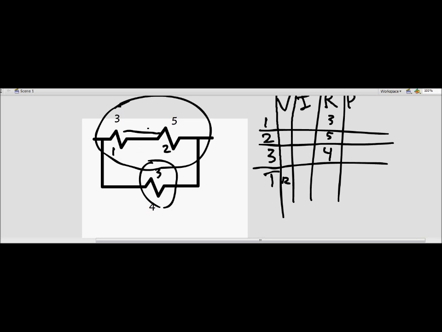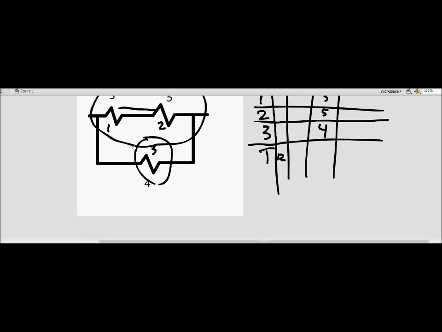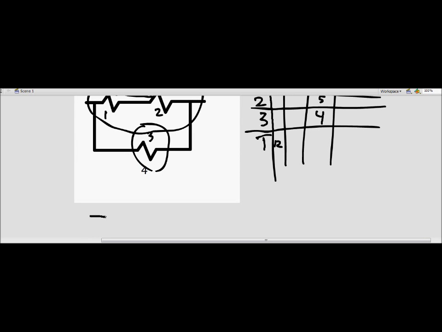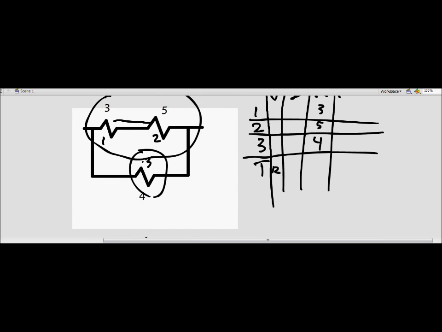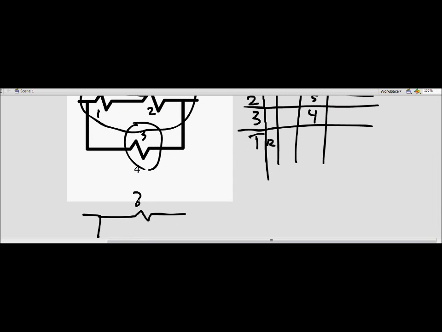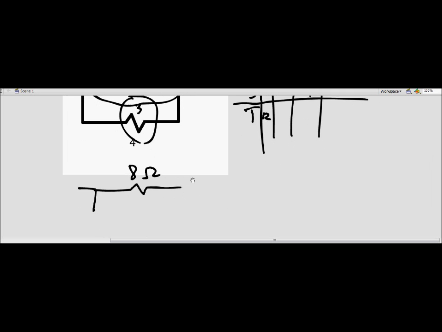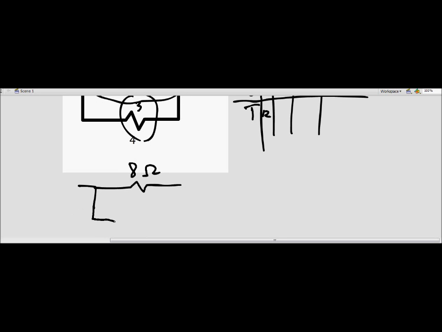And when we have one resistor on the top and one resistor on the bottom, we can then use the inverse rule, and we can find the equivalent resistance that way for a parallel circuit. So what we end up doing is we have the wire, it splits, we've got one resistor, and that is 3 plus 5, so we have 8 ohms. And then down here we have 4 ohms.